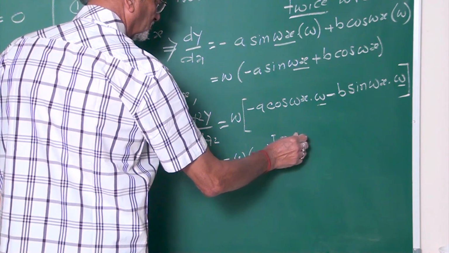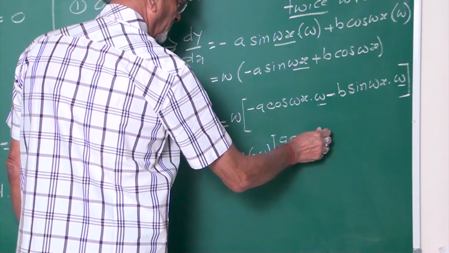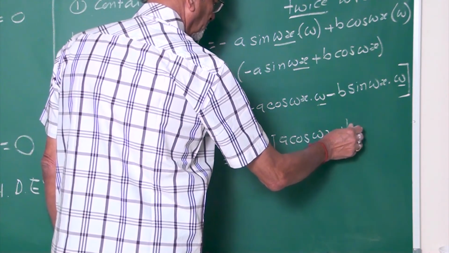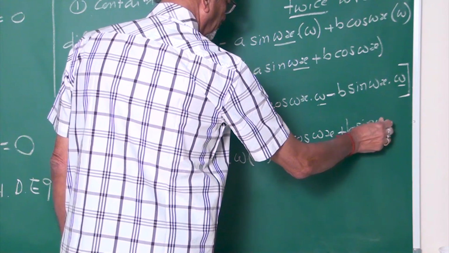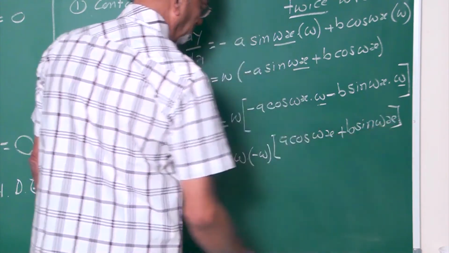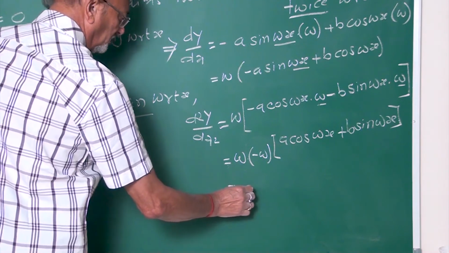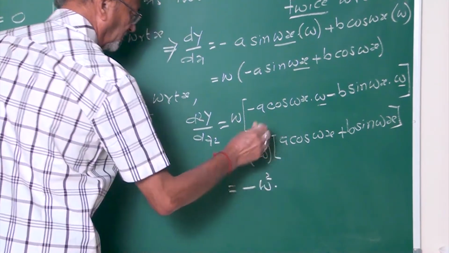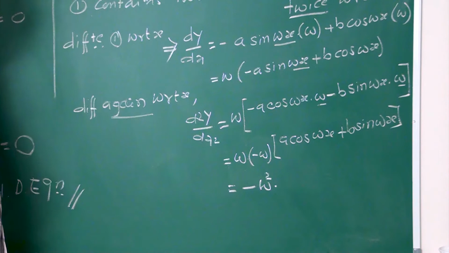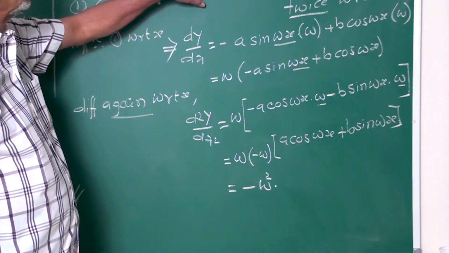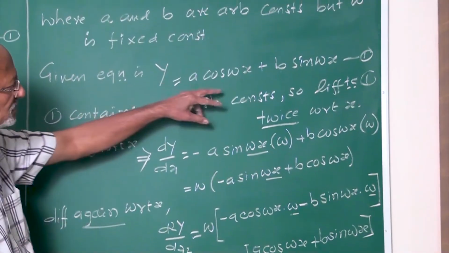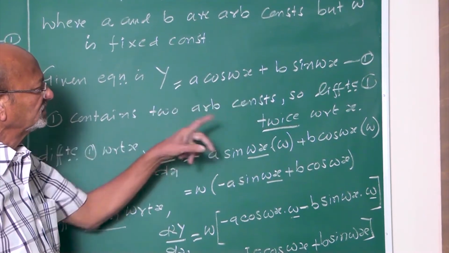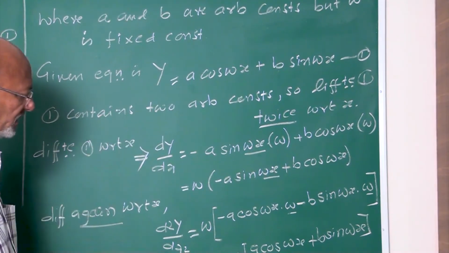You are left with a cos omega x + b sin omega x. Simplify: this is minus omega square times (a cos omega x + b sin omega x), which by 1 is nothing but y.